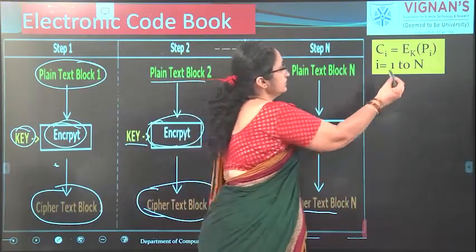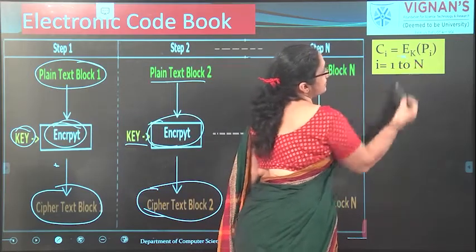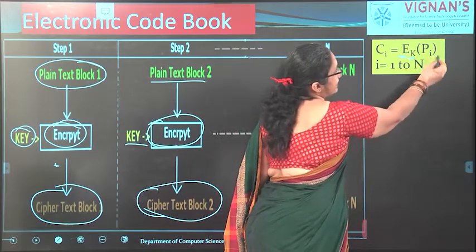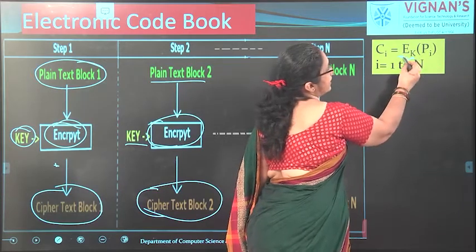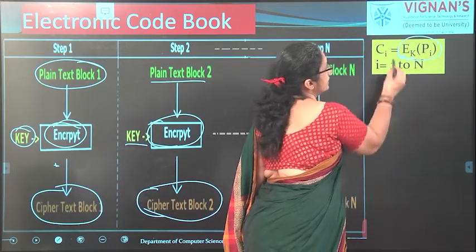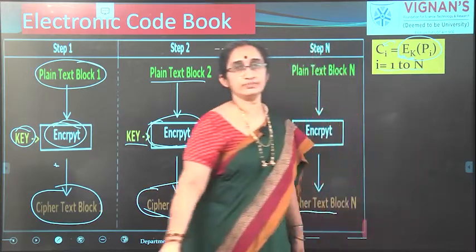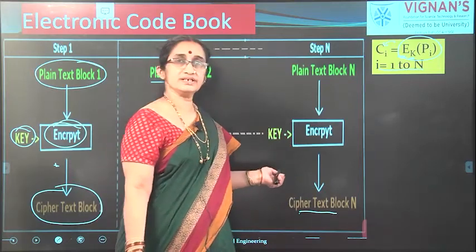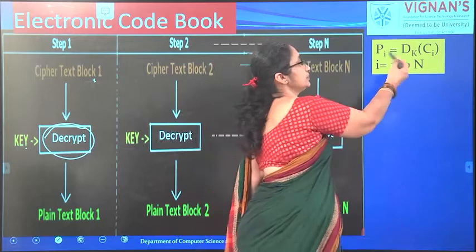You can write the notation like this: if E is the encryption algorithm, K is the key and Pi is the ith plain text block, then after applying the encryption algorithm you get the ciphertext. When you have n different blocks, you apply it to the n blocks one after the other. Coming to decryption, it is the reverse process.